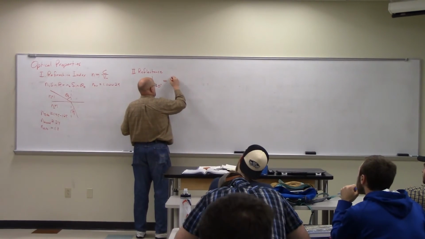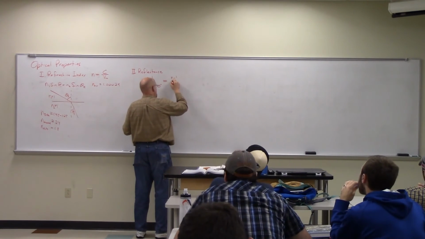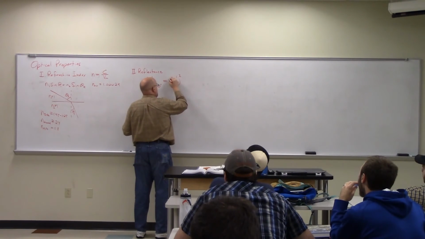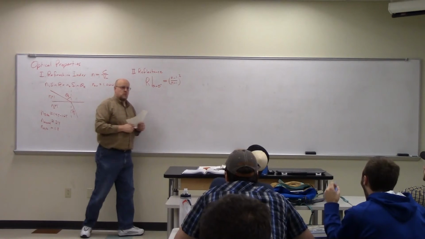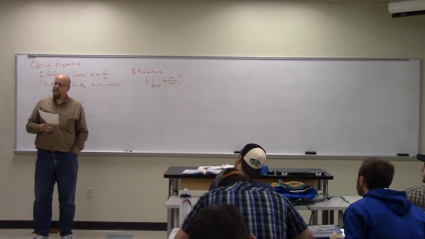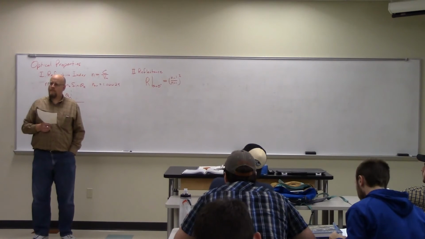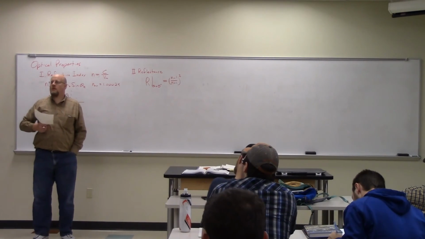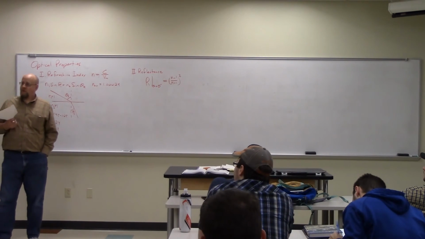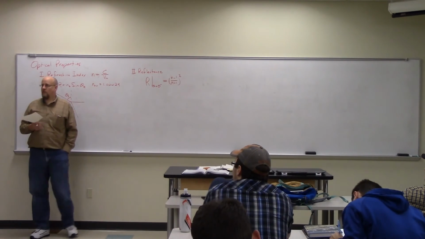The reflectance is n minus 1 over n plus 1, squared. What's the significance of reflectance? The amount of light that's reflected off the surface of glass is different than the fraction of the light that's reflected off the surface of water, for instance.